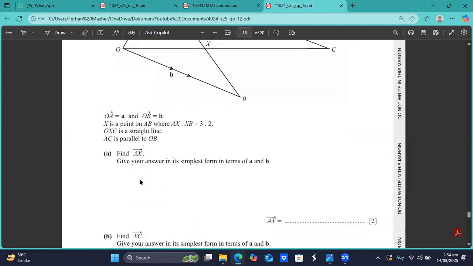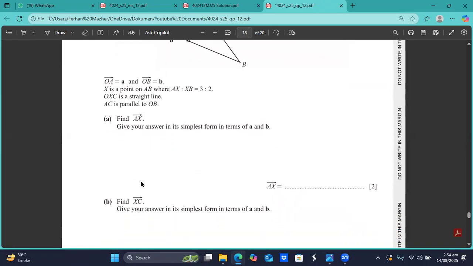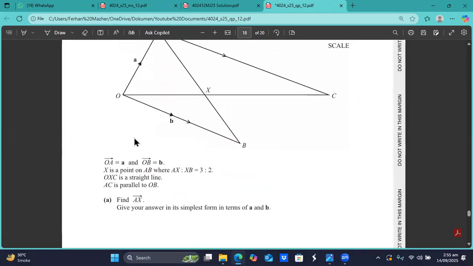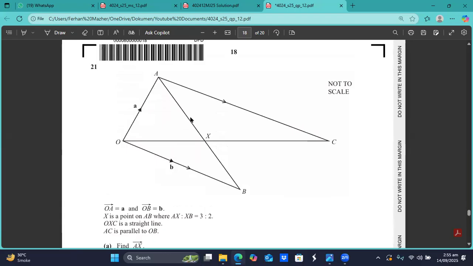Give your answer. Okay, so the first question is find AX. Give your answer in simplest form in the terms of A and B. So this is a 2-mark question. They want me to find out the value of the A to X. Okay, first of all, I find the value from A to B. Once I know the value from A to B, then I will be able to tell the value from A to X. I know the ratio.